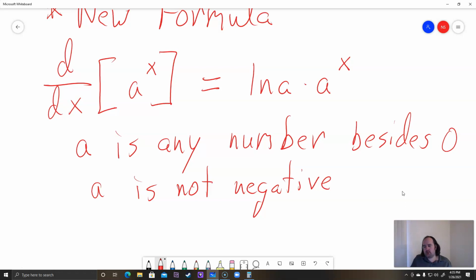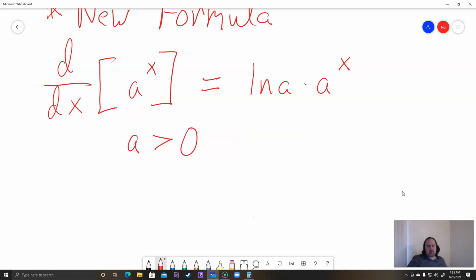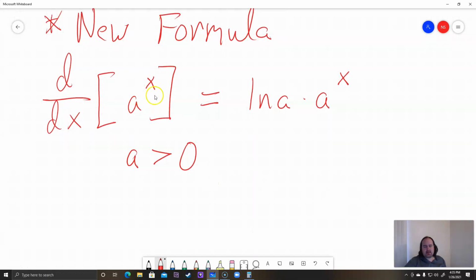Okay, so I could probably squish that down and just say that a is greater than 0. I probably should have just said that from the beginning, but oh well. So I'll just go ahead and erase that and write a is greater than 0. But you won't have to worry about that too much in the problems. So anyway, d dx of a to the x equals ln of a times a to the x.